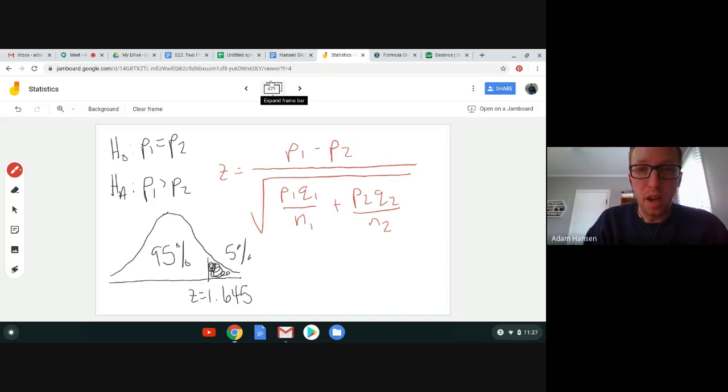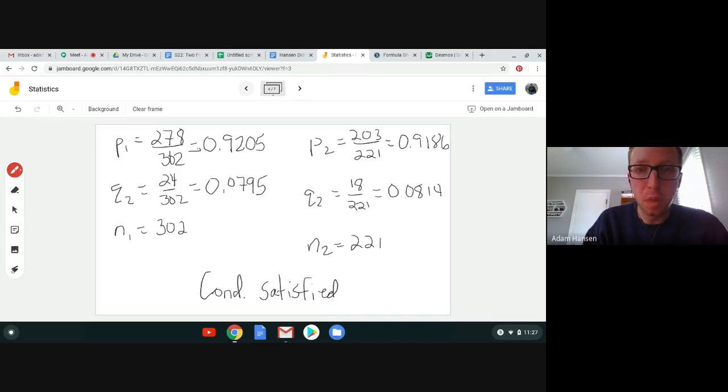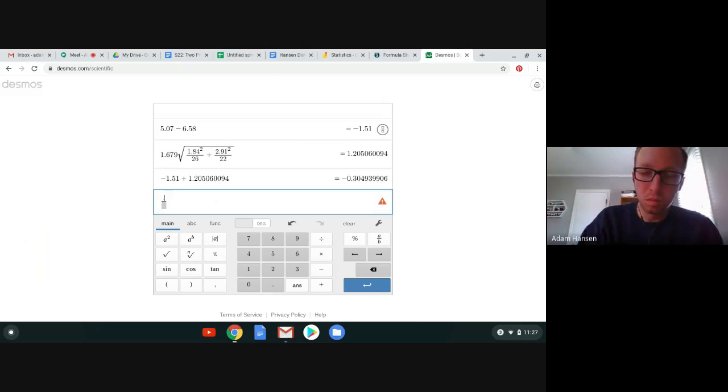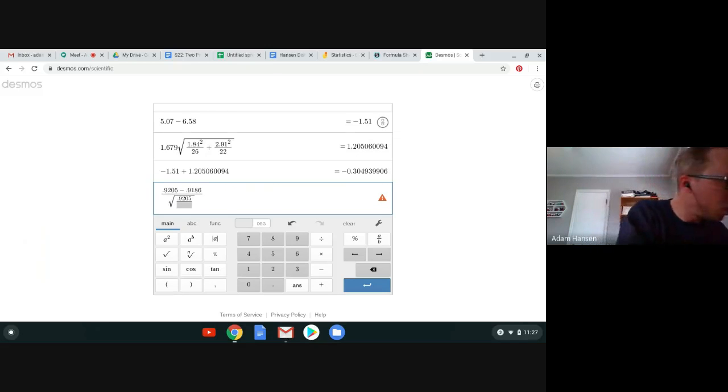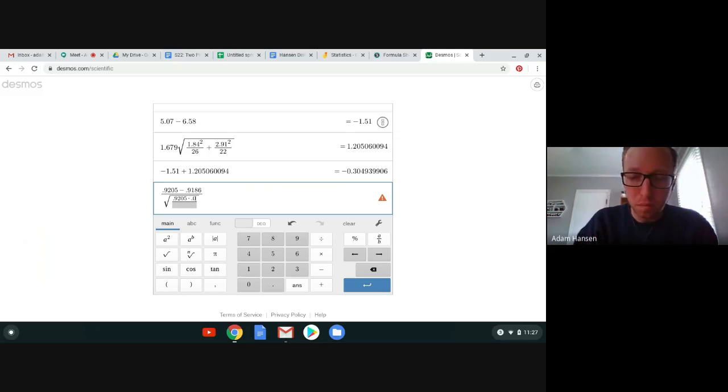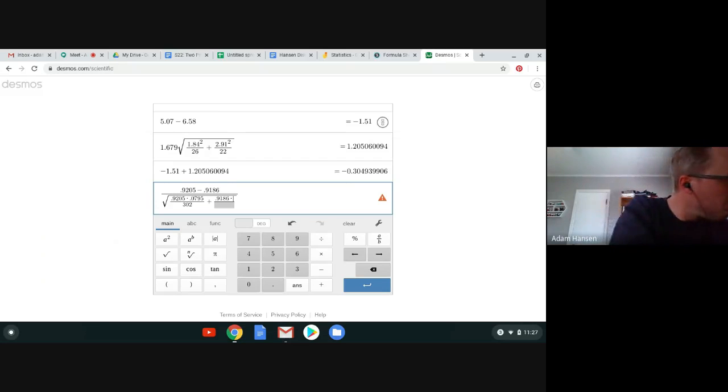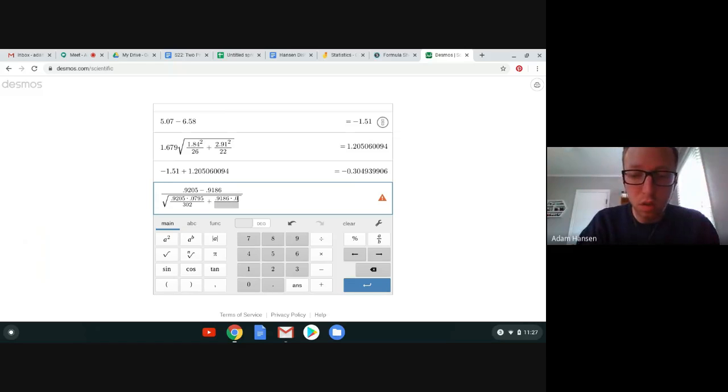So if I get this typed into Desmos, 0.9205 minus 0.9186, divided by the square root of 0.9205 times 0.0795 divided by 302 free throws, plus 0.9186 times 0.0814 out of 221 free throws for Chris Paul.